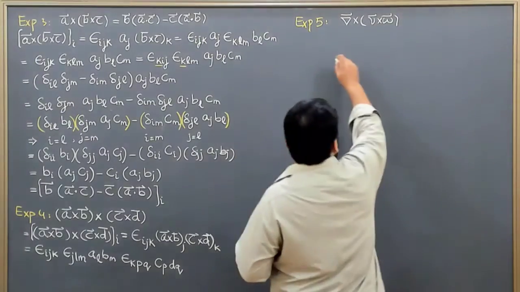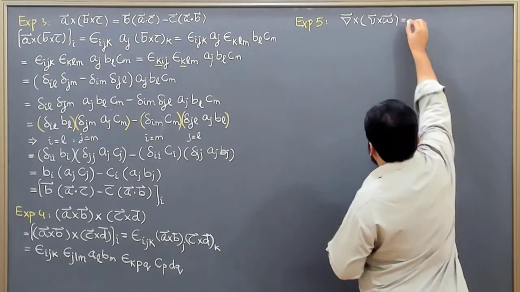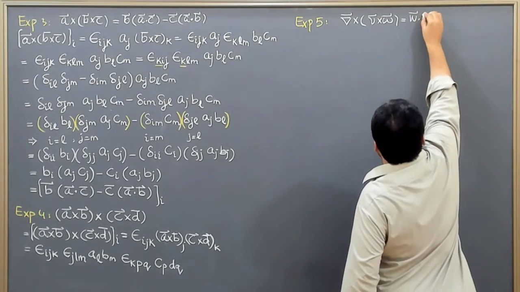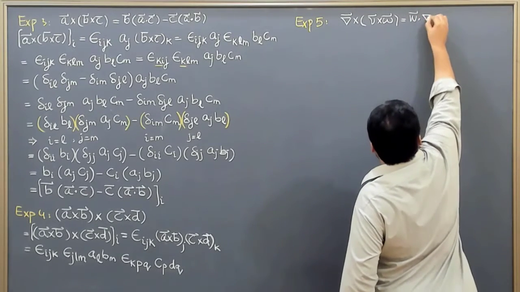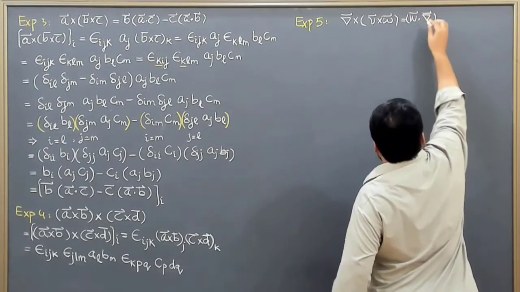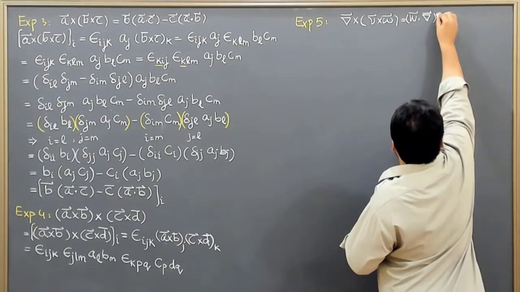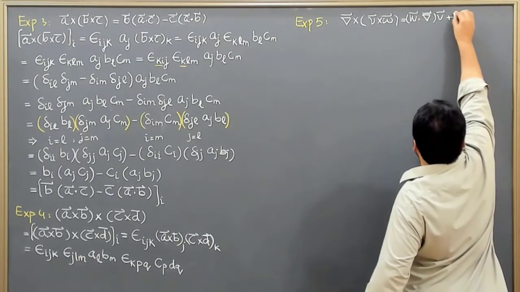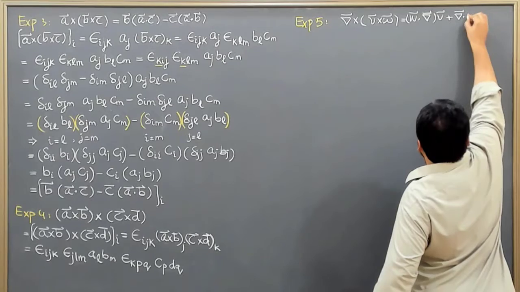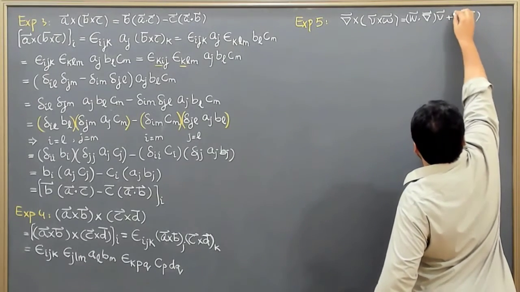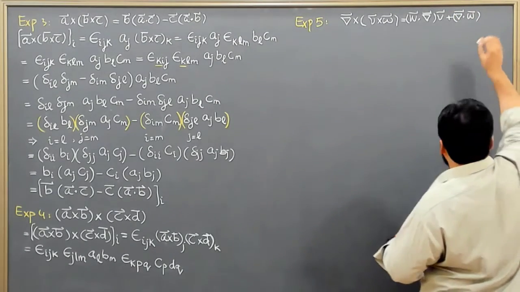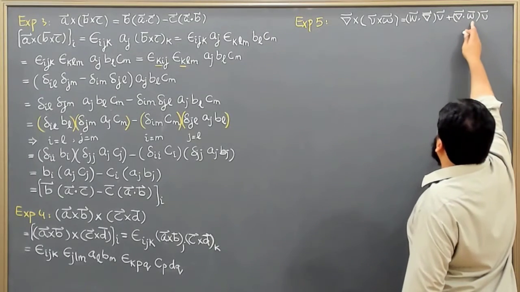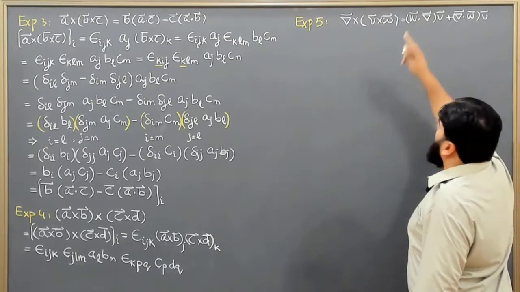I know that this relation is equal to W dot del in the direction of V plus del dot W in the direction of V. Now keep in mind one thing, that del dot W is not equal to W dot del.